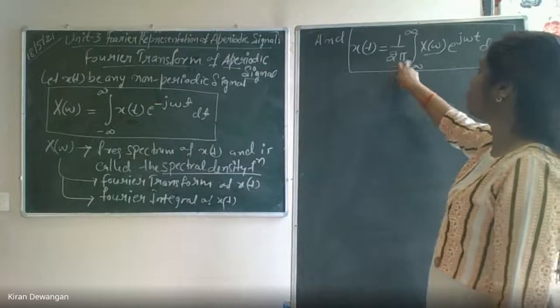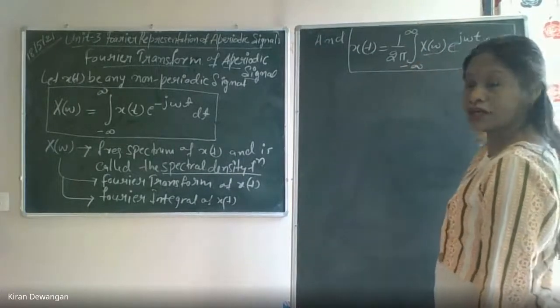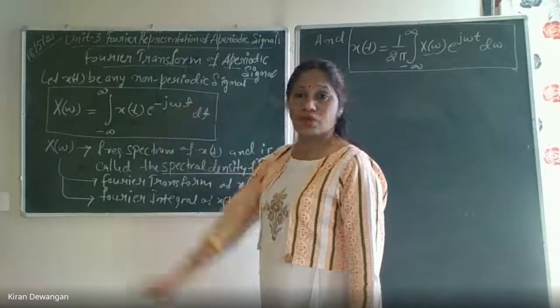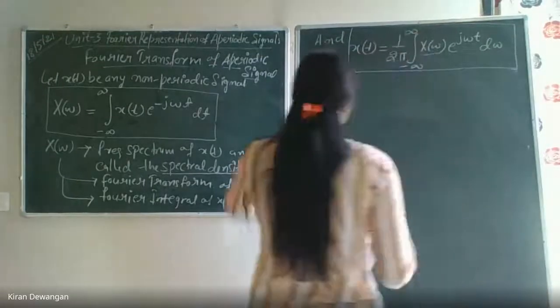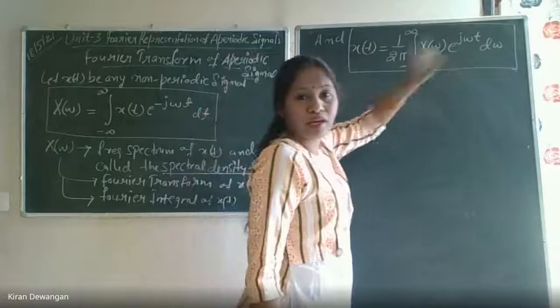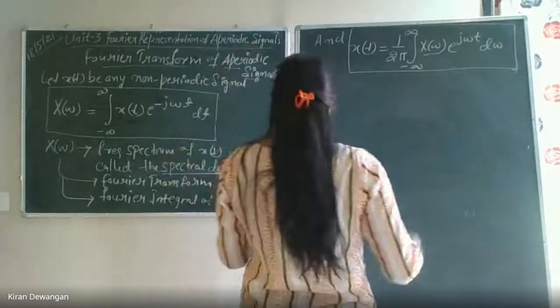It is 1 by 2 pi integration minus infinity to infinity x omega e to the power j omega t d omega. Here it was xt into e to the power minus j omega t dt. That is the difference. Now xt is what? It is the inverse Fourier transform of x omega. Okay? It is the inverse Fourier transform of x omega.